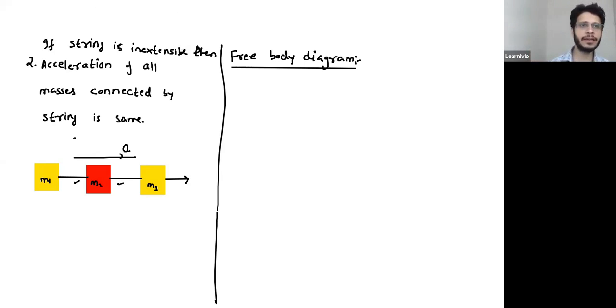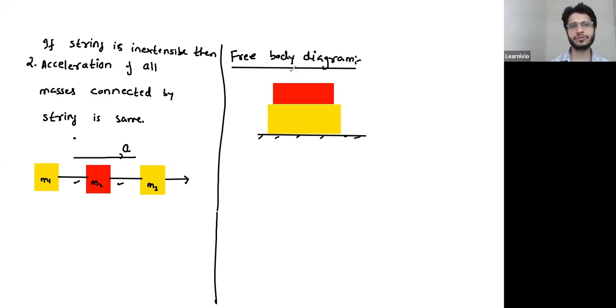Like in a single numerical, you can have a surface. You can have multiple blocks, one over the other. You can even have pulleys, multiple pulleys.